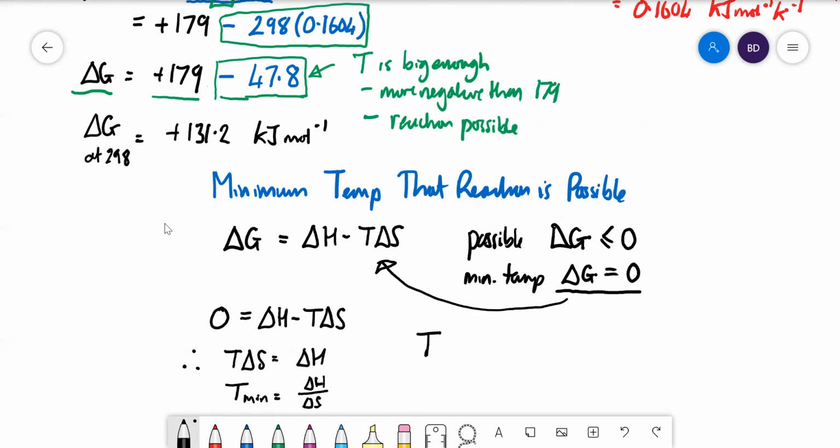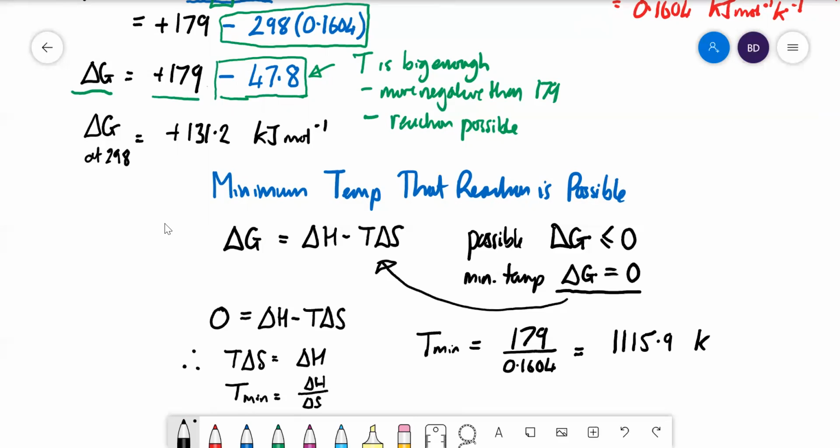So T minimum is equal to delta H for that reaction, which was 179 kilojoules per mole, over delta S, which was 0.1604 kilojoules per mole per Kelvin. And that is equal to 1,115.9 Kelvin.